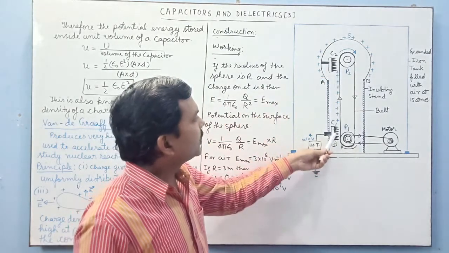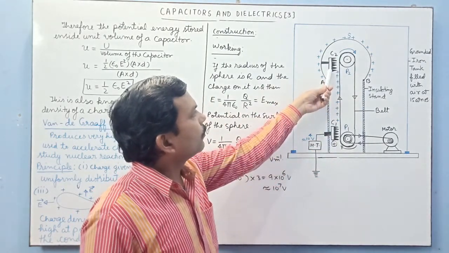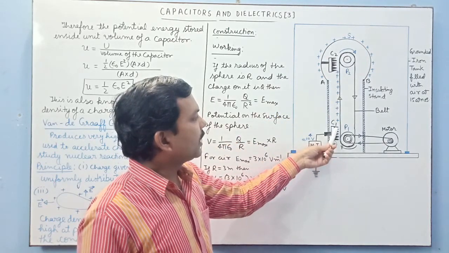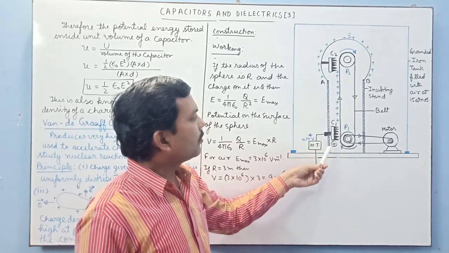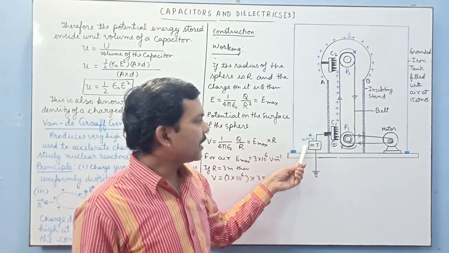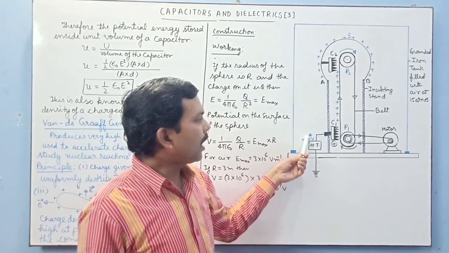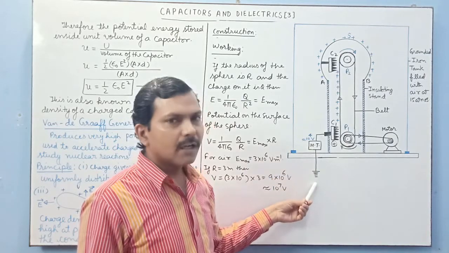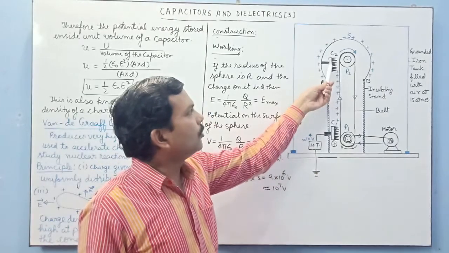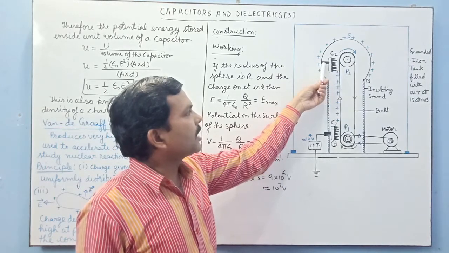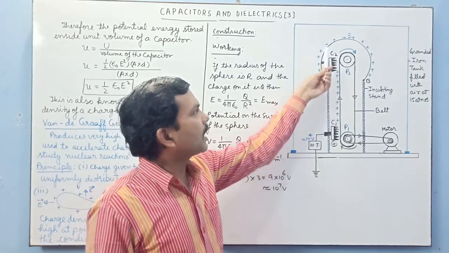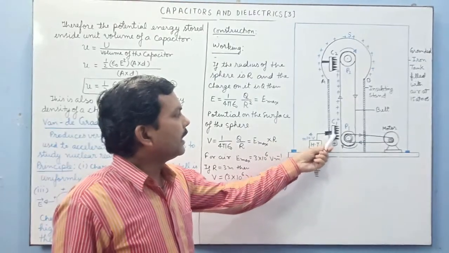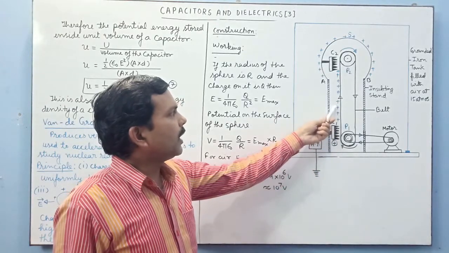Two combs C1 and C2, which are made of metal, are placed near this belt. Comb C1 is connected to the positive terminal of a high tension battery of nearly 10 to the power 4 volt, and the negative terminal of the high tension battery is grounded, while comb C2 is connected to the inner surface of the spherical conductor capital S. Spray comb C1 sprays positive charge on this belt.